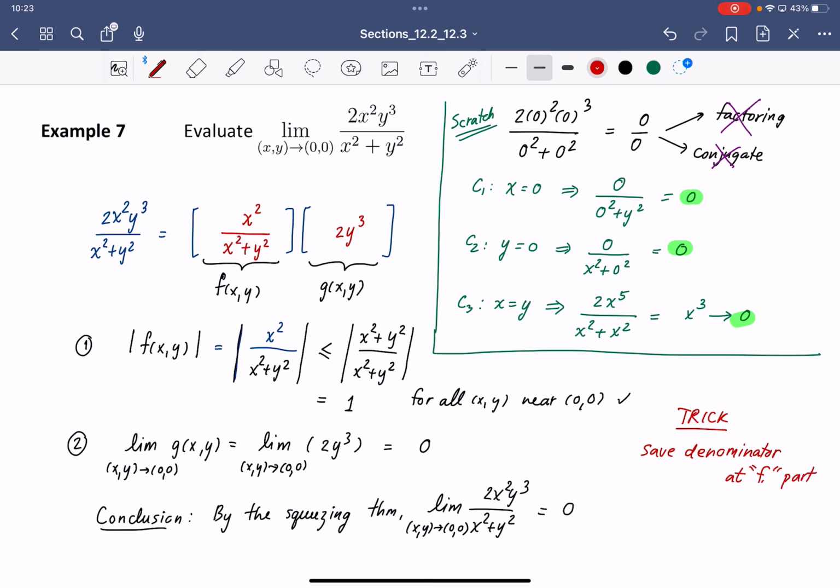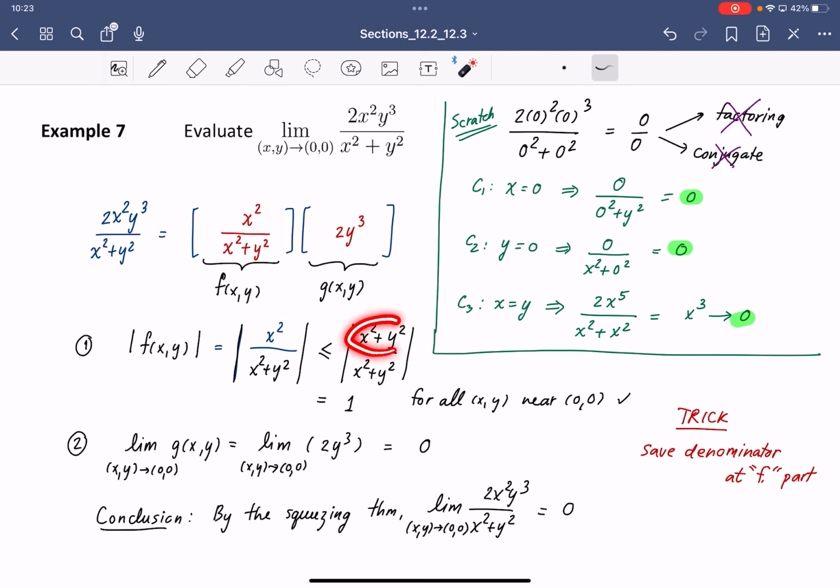So you can see that we start with x² + y². I move it to f, and then I take x² to the f part, because I know I need to use x² when I bound it. So I have x² + y² here, which is greater than x², because when you add something non-negative to x², it's going to be bigger, right?